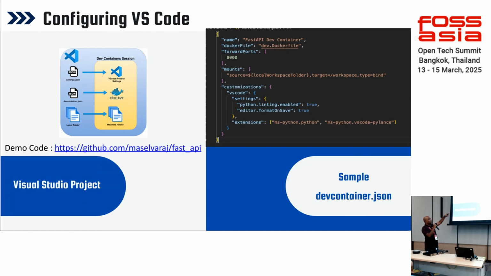And mount is where you mount the local host folder inside the container, and there are custom extensions which you can add for your Visual Studio. These extensions will be installed only for that container instance.